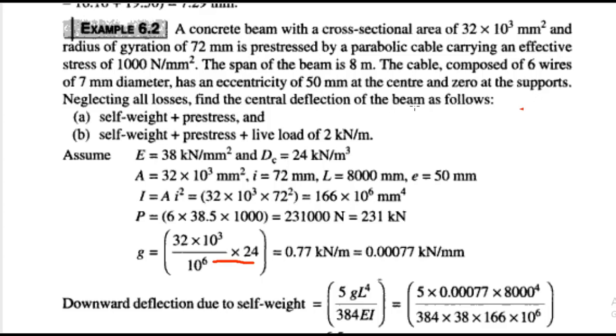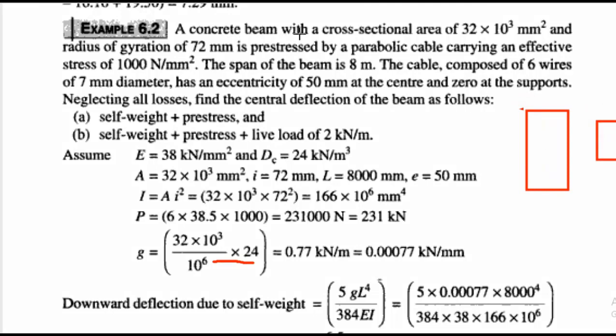Find the central deflection of the beam for the following conditions: self-weight of beam plus pre-stress, and self-weight plus pre-stress plus live load of 2 kN per meter. This is the problem given. If you want to see the problem, the cross section as well as the longitudinal section of the beam, you may observe here.